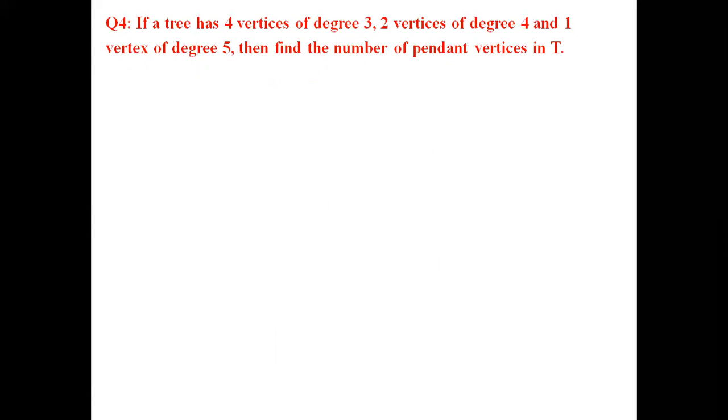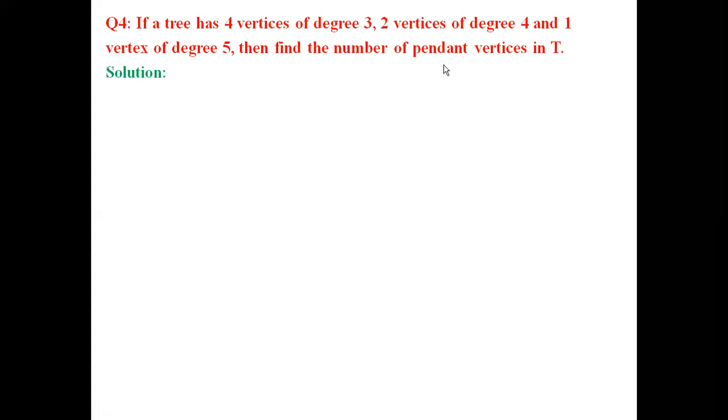Next we have the fourth question. If a tree has 4 vertices of degree 3, 2 vertices of degree 4 and 1 vertex of degree 5, then find the number of pendant vertices in tree T. Pendant vertices means having degree equal to 1.